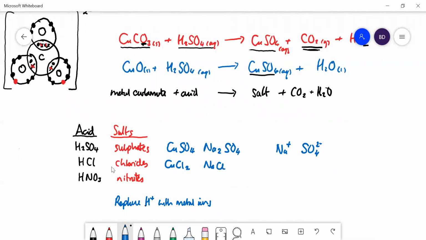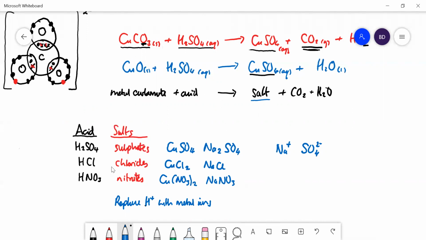And the nitrates would be copper nitrate, with the NO3. That's got a single charge, the nitrate ion, so you need 2 of them for the copper, which is 2+, or sodium nitrate, which is NaNO3. So metal carbonate plus acid, you get a salt and carbon dioxide and water.